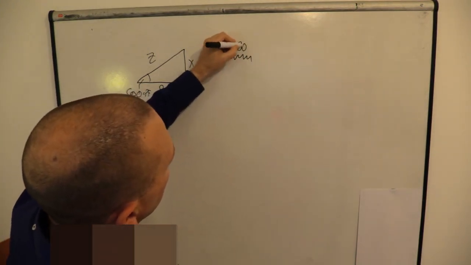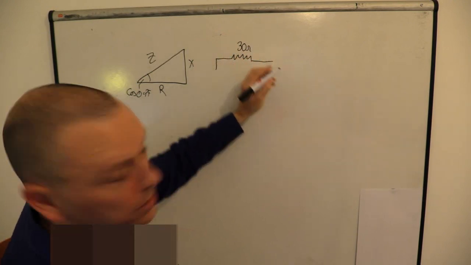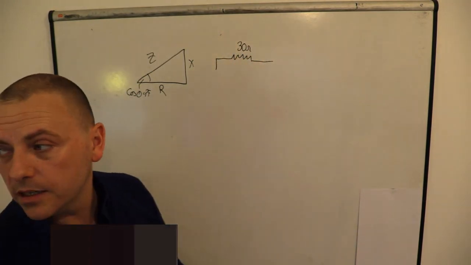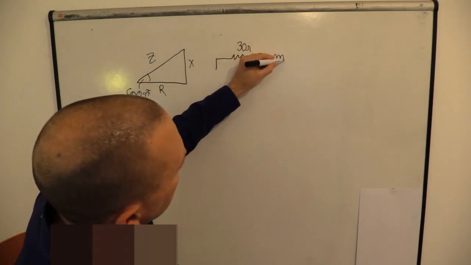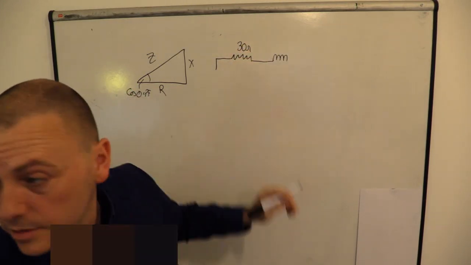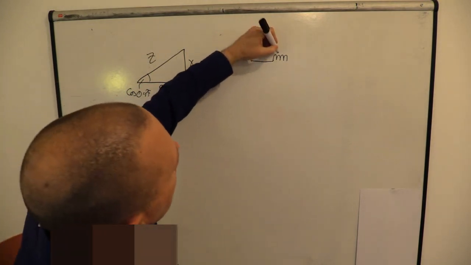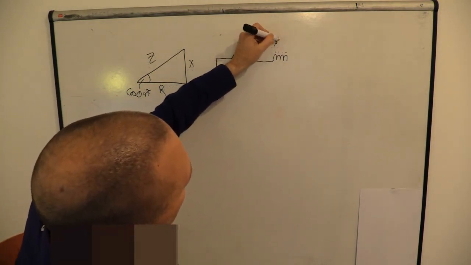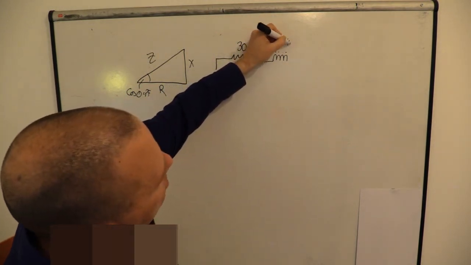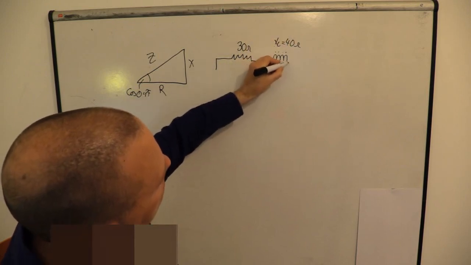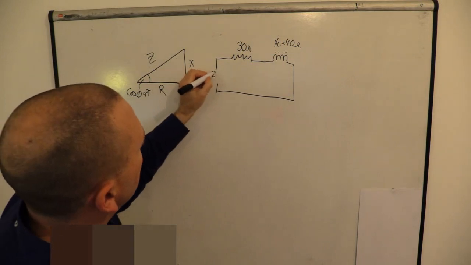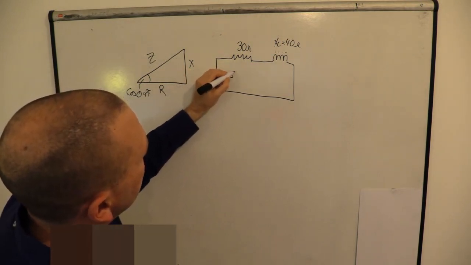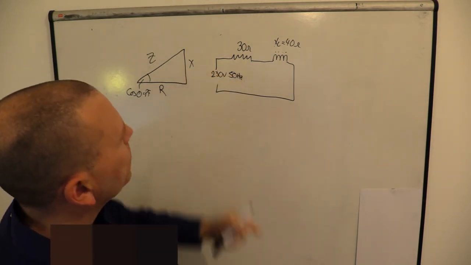So we've got a 30 ohm resistor and we've got an inductor with a reactance of 40 ohms. So it's already calculated our reactance. So XL is 40 ohms. And we've got a 230 volt, 50 hertz AC supply.